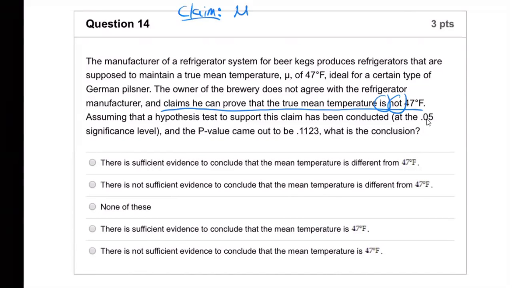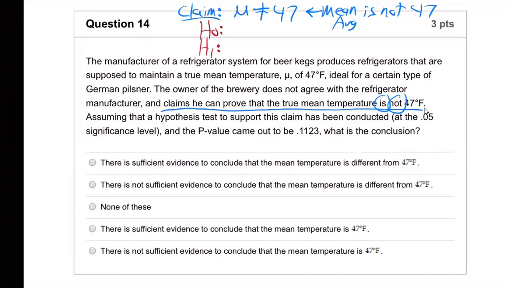The mean, mu, the Greek m for mean, does not equal 47. That's what's being claimed. He's saying the average temperature in your refrigerator is not 47. And it's wrecking my fancy German beer, right?